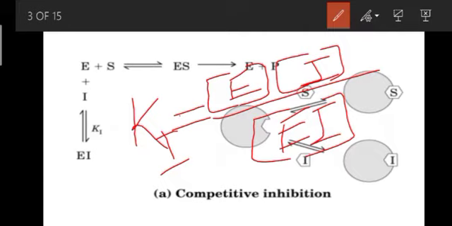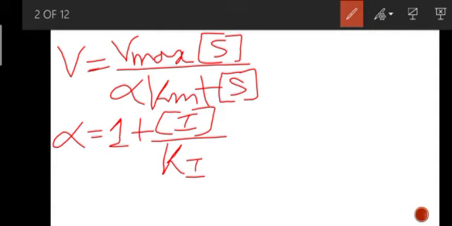This equation describes the important features of the Michaelis-Menten equation for a competitive inhibitor.